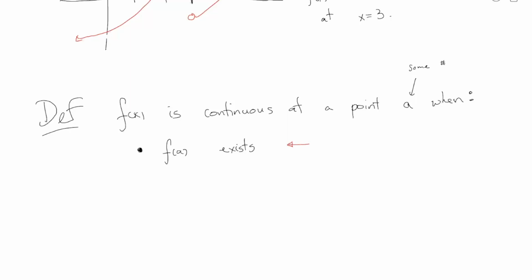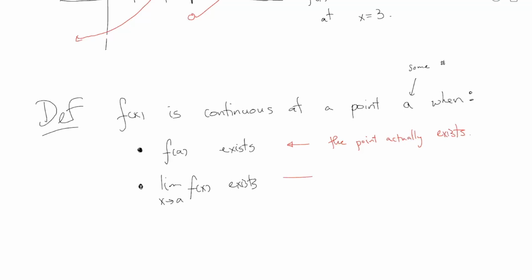This means that the point actually exists. If you want your function to be continuous at a particular point, there has to actually be a point there. If that point is missing for some reason, then it's automatically not continuous. So first of all, that point actually exists. Second of all, this limit, lim x goes to a of f of x, exists.